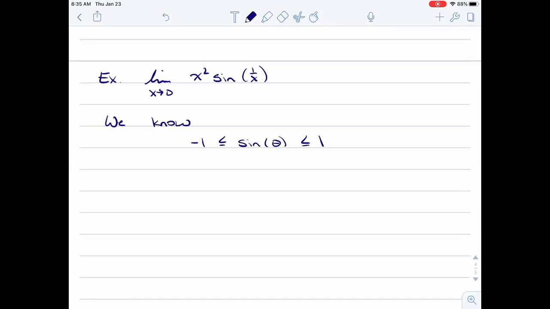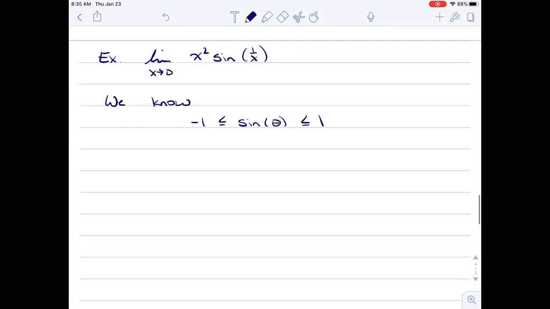Okay. So therefore, sine of 1 over x is also between -1 and 1, as long as we're not doing something weird to the outside of the sine.